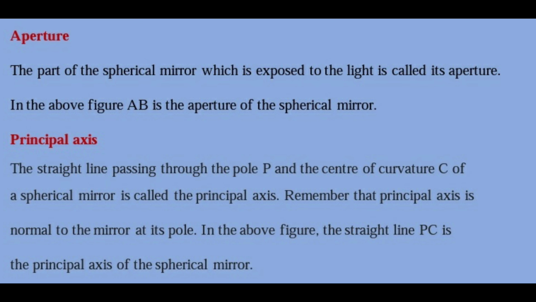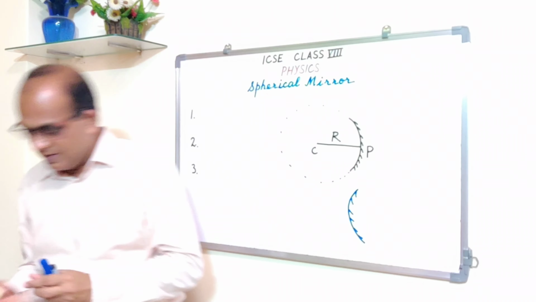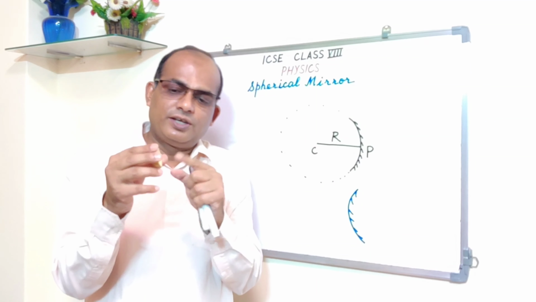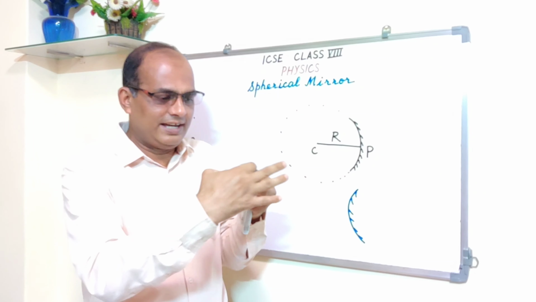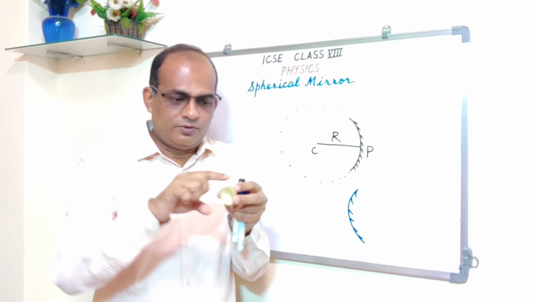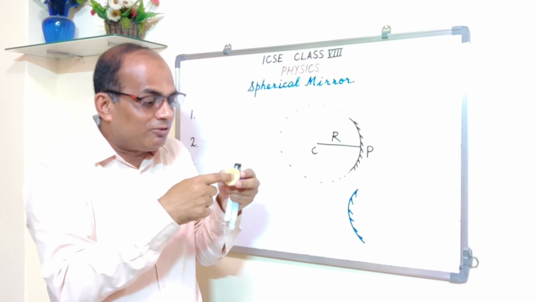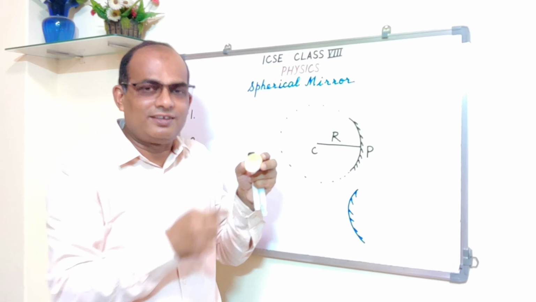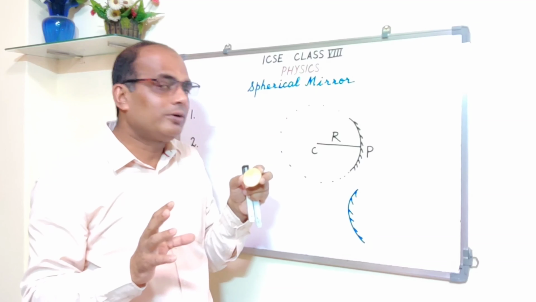And then next is aperture, then principal axis. Aperture. Now see, the part of the mirror, this much, this is the reflecting surface. This side is polished. If we talk about the concave mirror, this side we have polished, and the reflection is taking place from this side, which is bent. So this is a type of concave mirror. Now we are going to talk about the aperture.